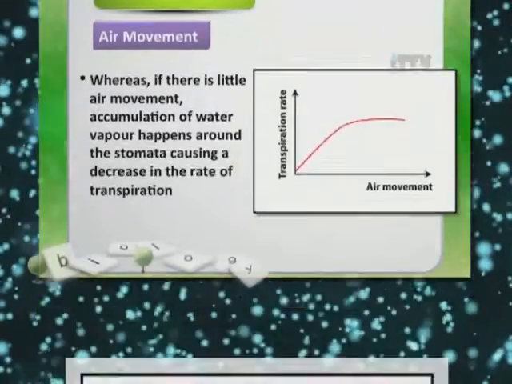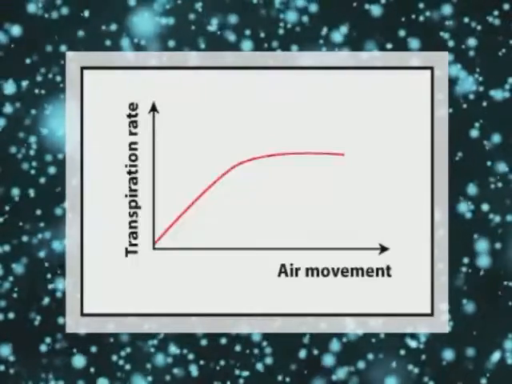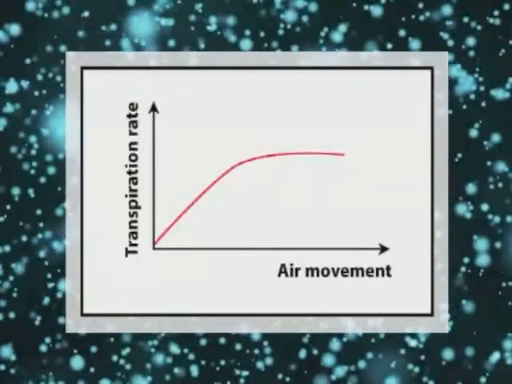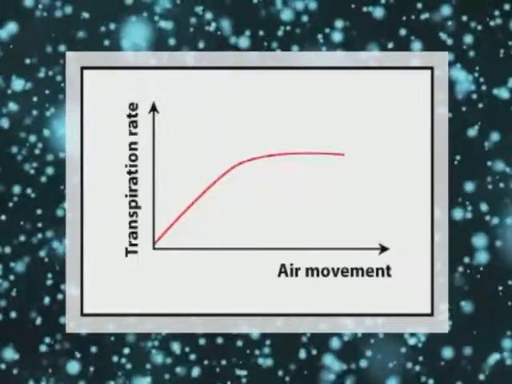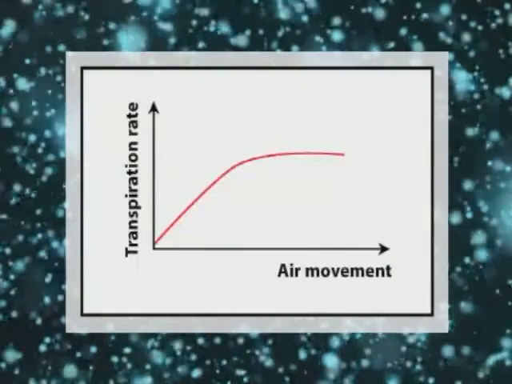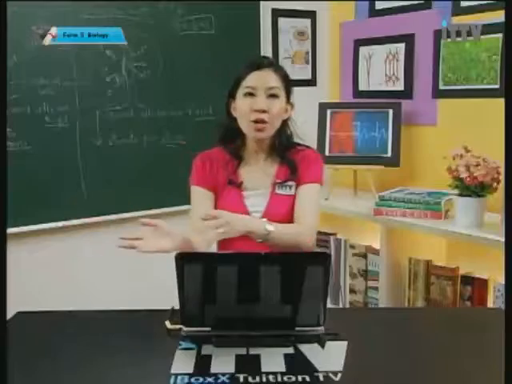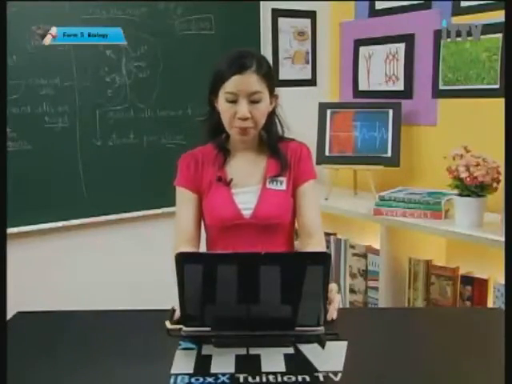So if we refer to the graph, ladies and gentlemen, as there is more air movement, the transpiration rate increases up to a certain point. Even if there is so much air movement, transpiration rate will be constant, because movement of air will just carry away the water that have diffused from the leaves.